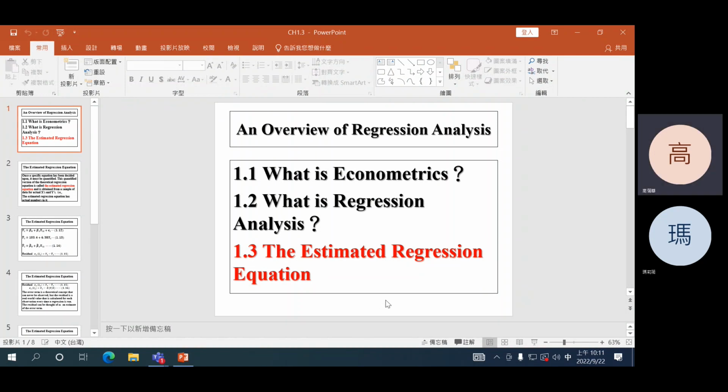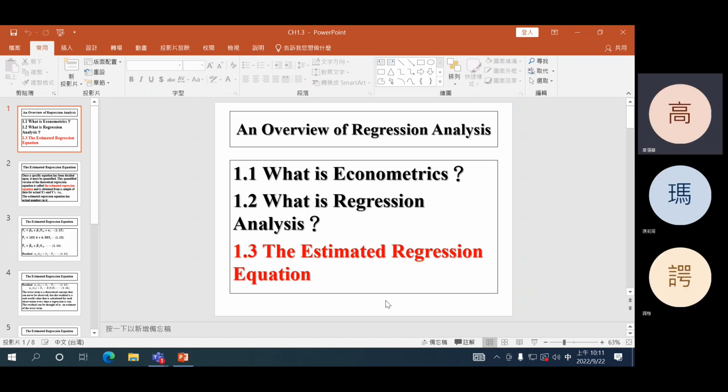Okay, so far, when I'm talking about the regression analysis, the regression equations which I covered is called the population regression equation. Okay. And now I'm going to talk about the estimated regression equation, showing on the diagram.